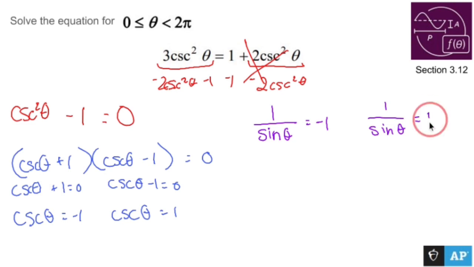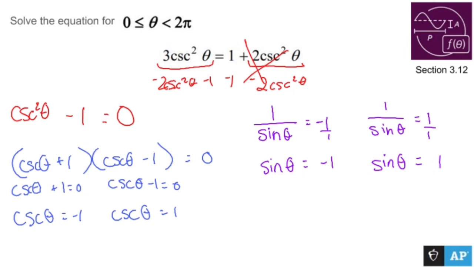And if I do that, and kind of treat this like a proportion and do crisscross applesauce, I would have sine theta equals negative 1, because I would do these two multiplied together, these two multiplied together, and multiply both sides by negative. And I would have sine theta equals regular 1.